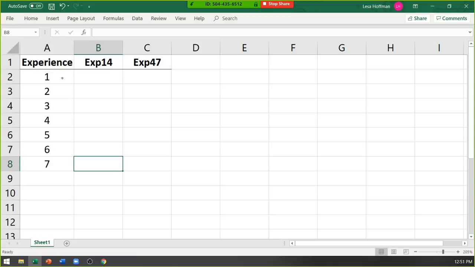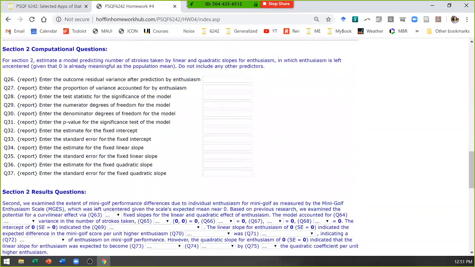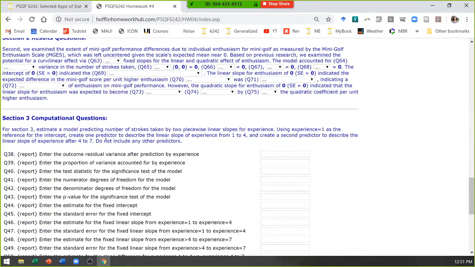And I asked you to fit, let me get the exact instructions up here just for reference. And this is section 3 of homework 4 that I'm scrolling through. Create one predictor to describe a linear slope of experience from 1 to 4, and then create a second predictor to describe the slope of experience from 4 to 7. So we're fitting 2 slopes to describe the overall pattern of effect of this variable.